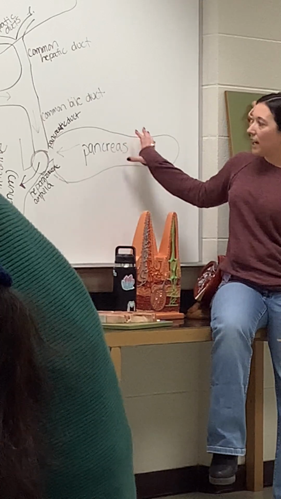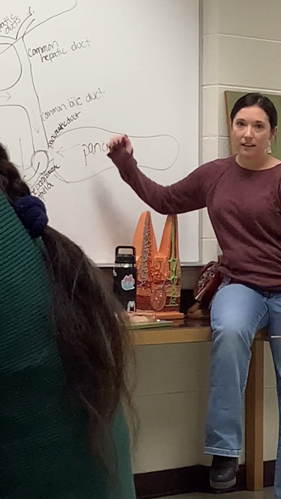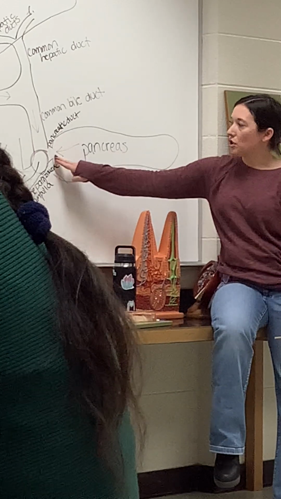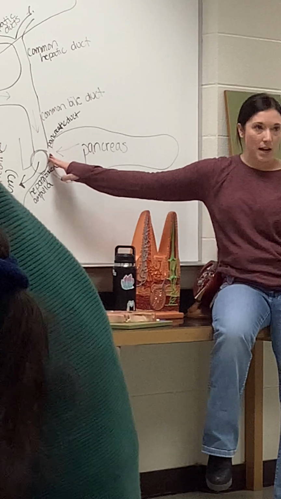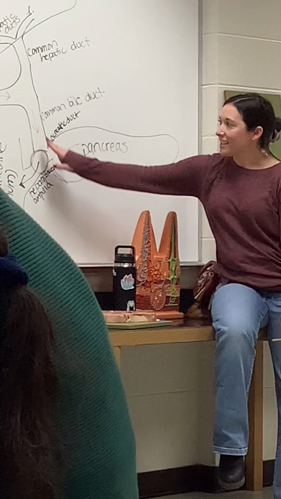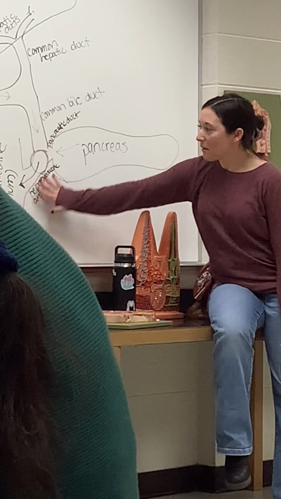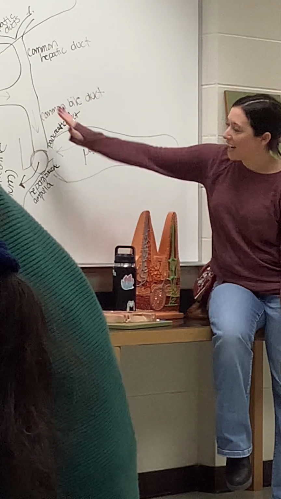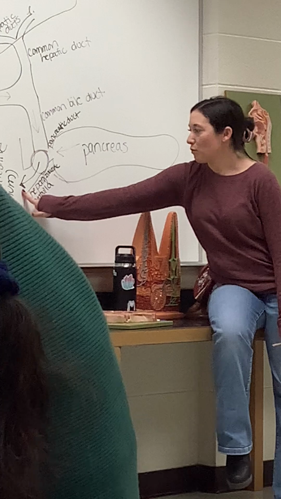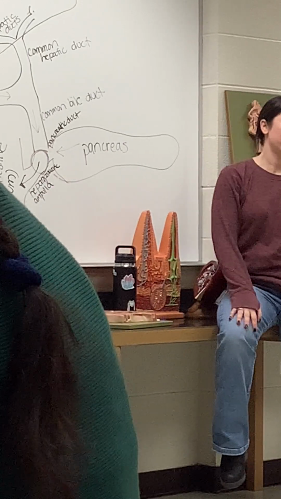The tube that leaves the pancreas is called the pancreatic duct. The pancreatic duct and the common bile duct will merge, and all of these substances coming from the pancreas, gallbladder, and liver will empty into the small intestine at one location called the hepatopancreatic ampulla.